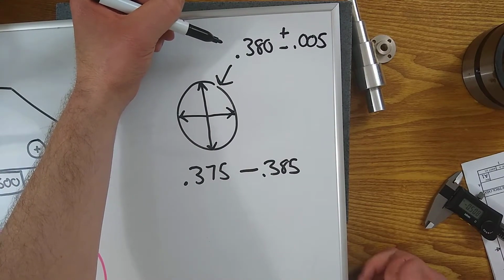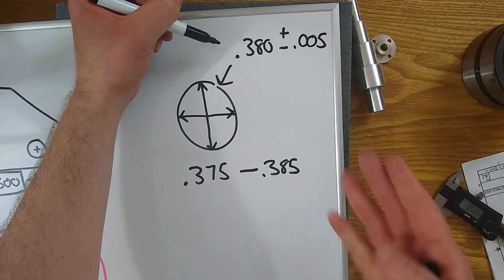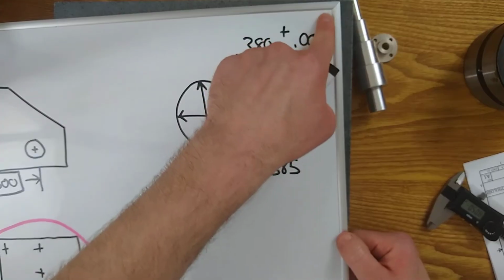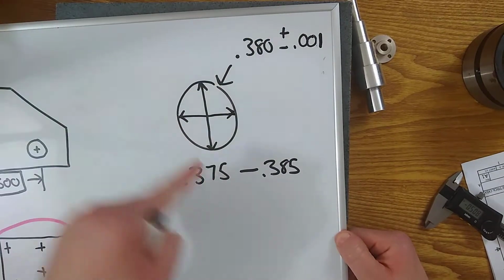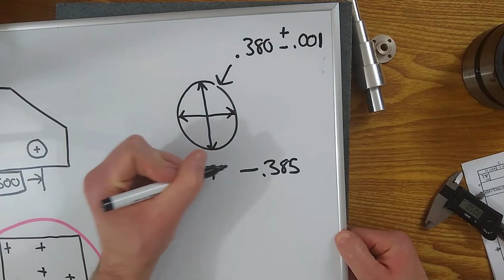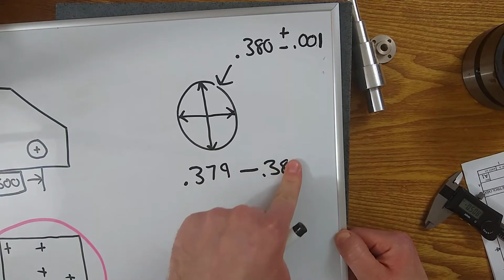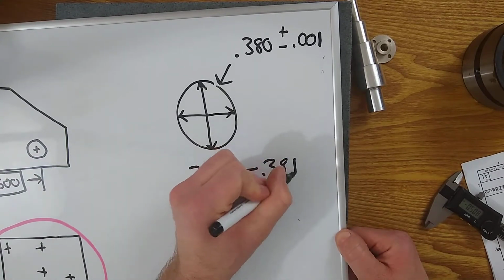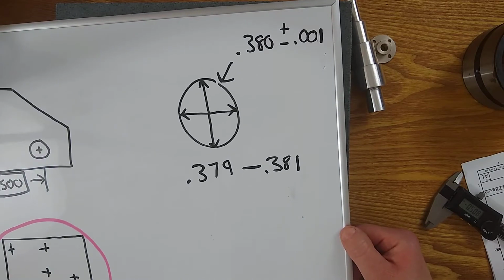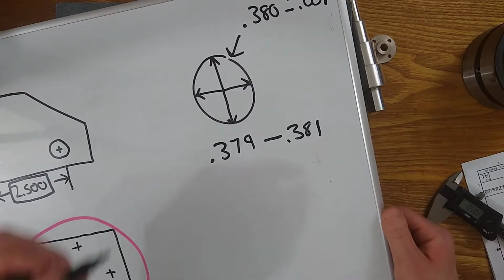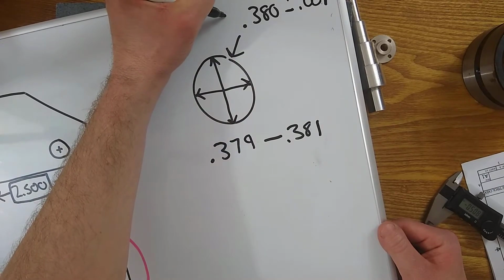Whether it's precision or not, for precision it usually matters, because what if I change that to plus or minus 1? That becomes 379 and 381. This is going to be harder to manufacture. You're going to need a reamer, something more precise. Well, what if I make it bigger?